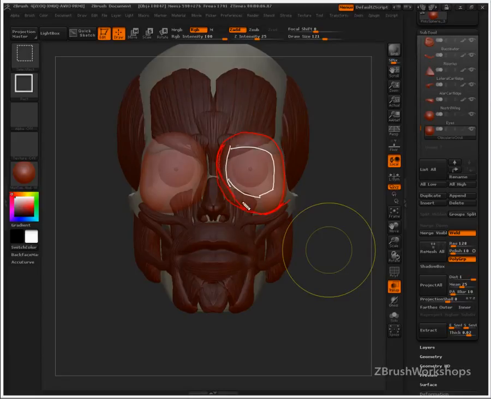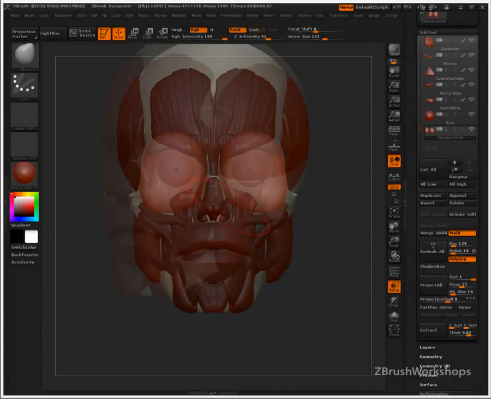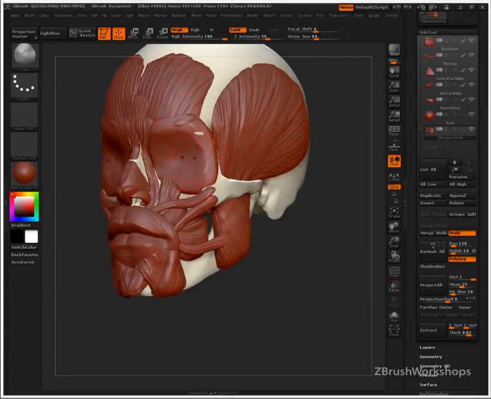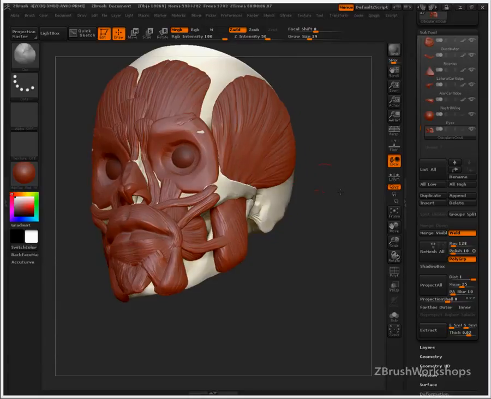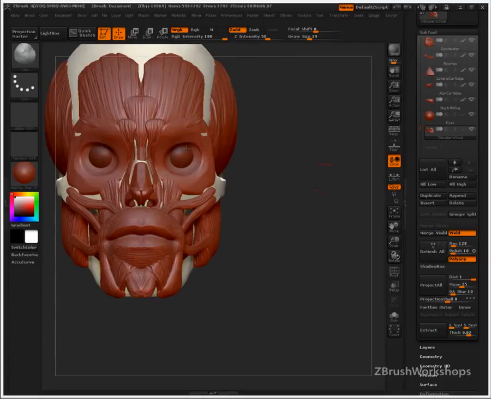So I'm going to move this in just a little bit. We don't need to have it interfere that much. Dig in until you can find the orbit of the eye and really just give that eye some prominence for most of its width.